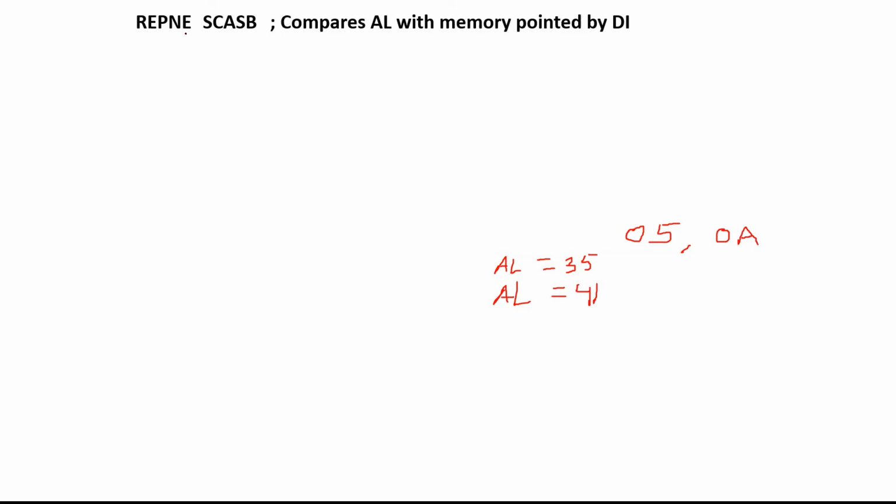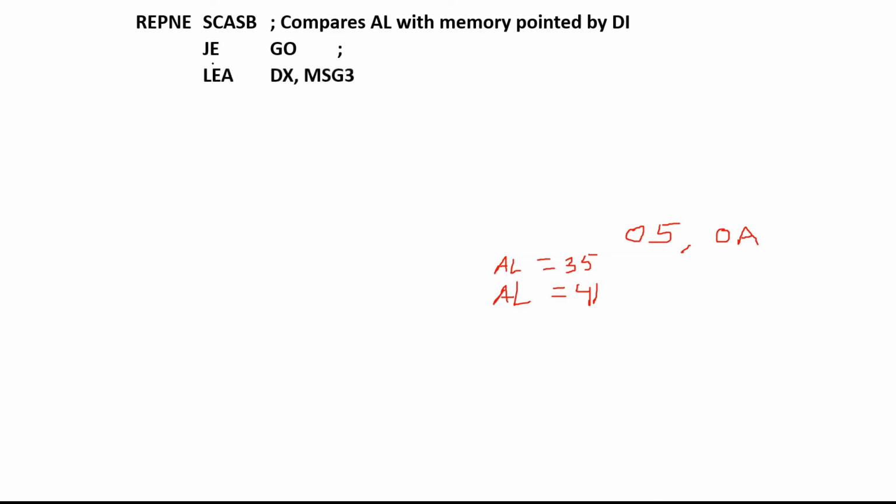Repeat while not equal. Once they become equal, if I find 54 in the array, then we go and display message 2. If not, then I have to display message 3. So jump on equal to go.